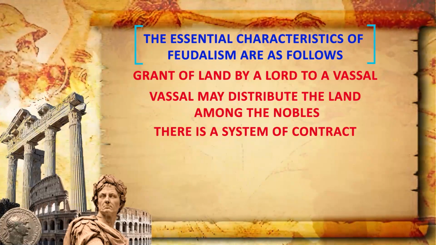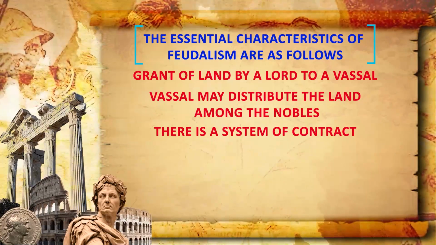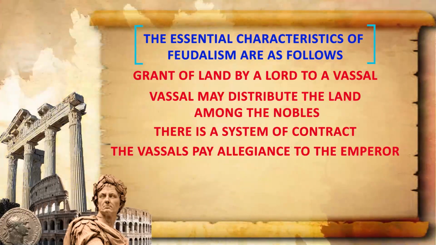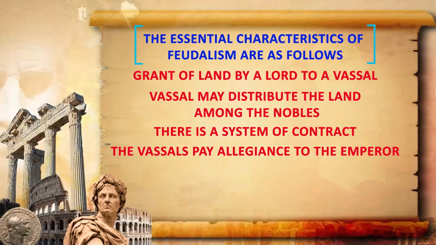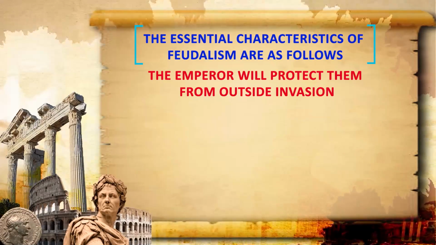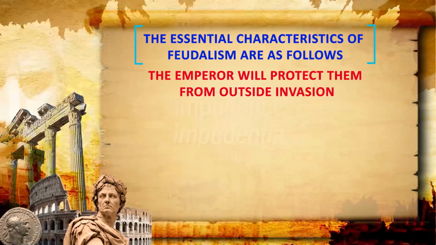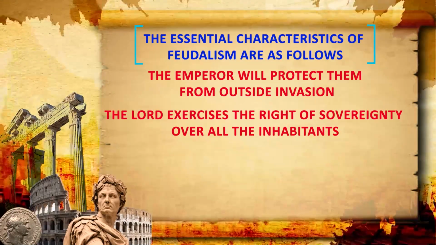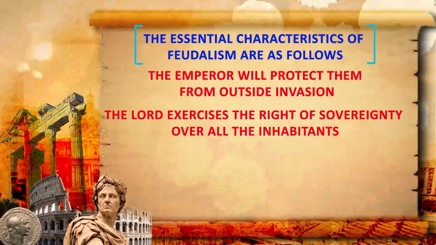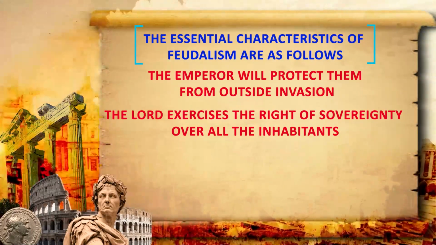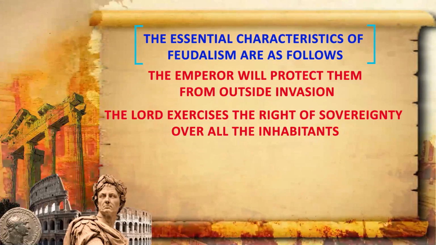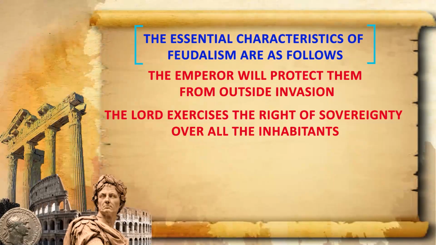That means the local authorities, the vassals, pay allegiance to the king or emperor, and the emperor will protect them from outside invasion. And the lord exercises the full right of sovereignty over all the inhabitants. So these were the major features of a feudal state system.